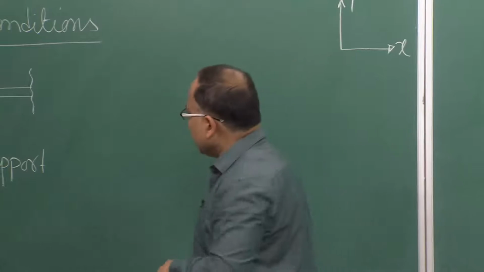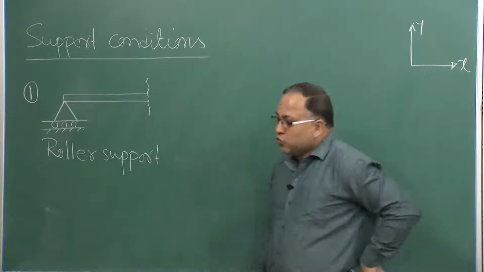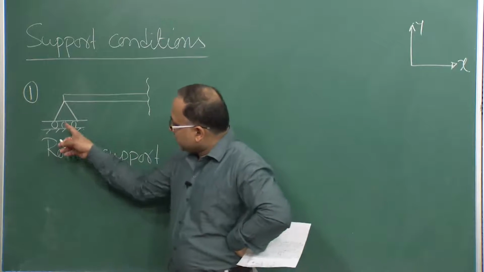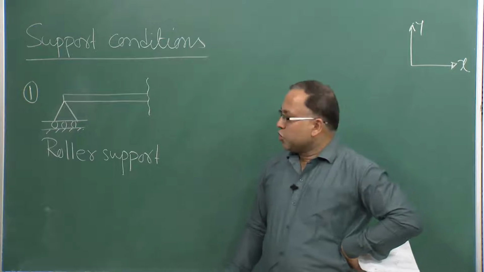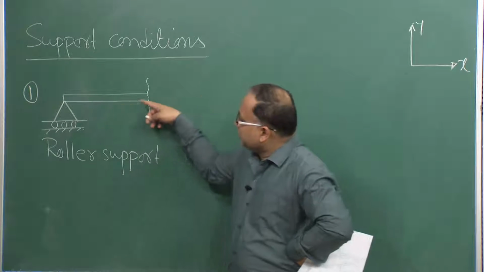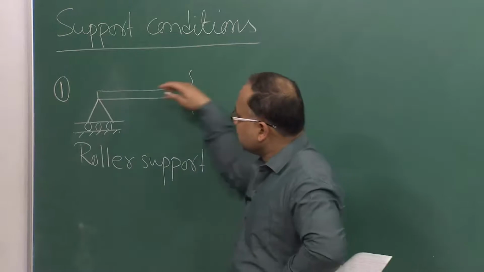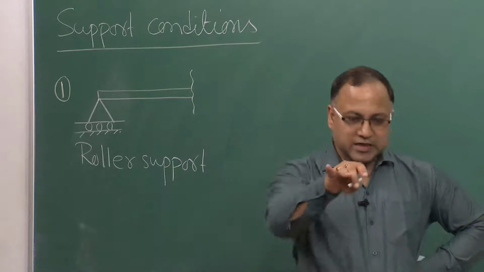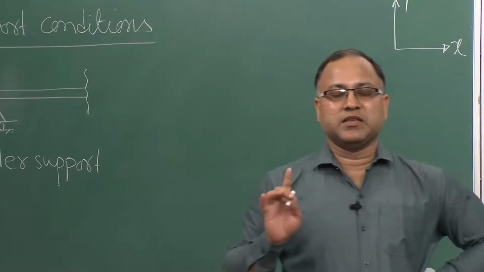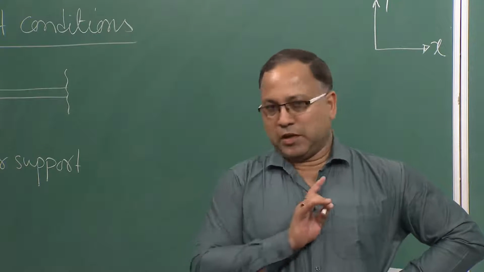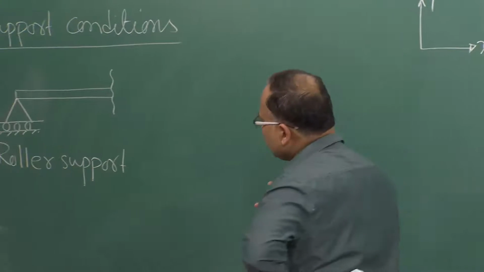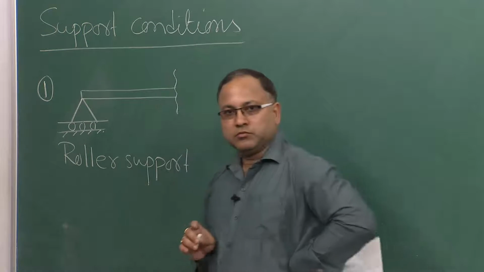So, if that is so, this roller support, if you look at, I have rollers here. The movement of this beam in the x direction, that is the horizontal direction, is not restricted by the support. The support is not restricting the horizontal movement of the beam.